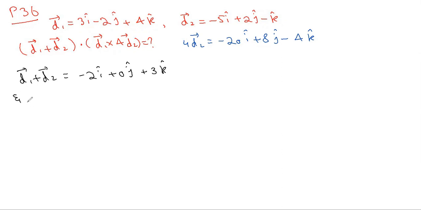And d1 cross 4 d2: i j k, d1 is 3, -2, 4, and this is -20, 8, -4.